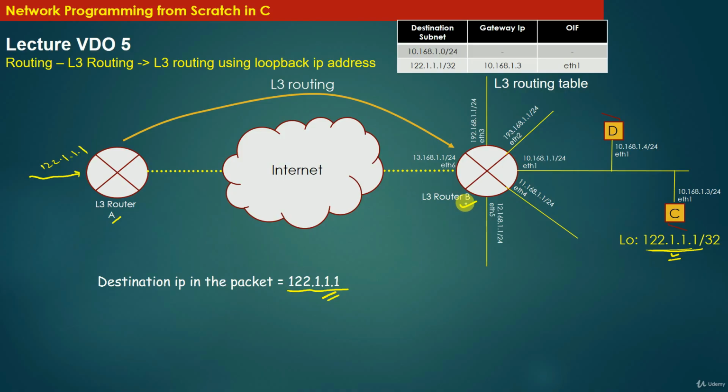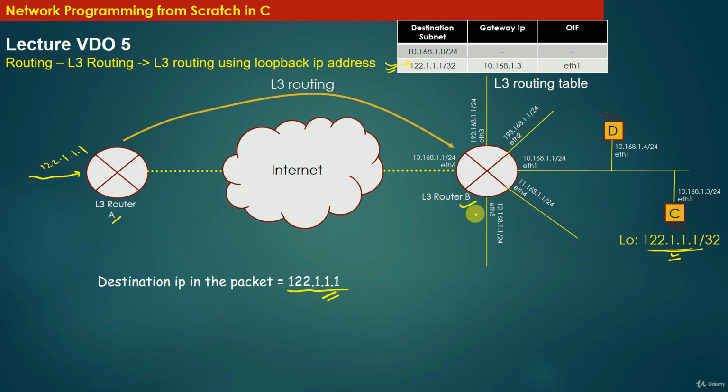Now given here is the L3 routing table for router B, and it will look up the entry in its routing table using the destination IP address in the packet as a key, and you can see that this entry in the routing table will match.